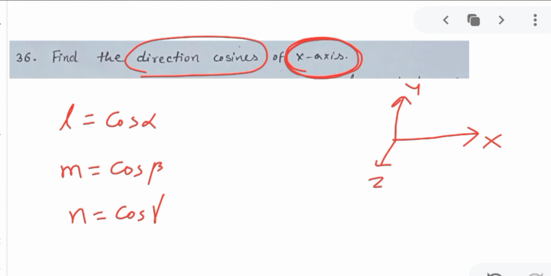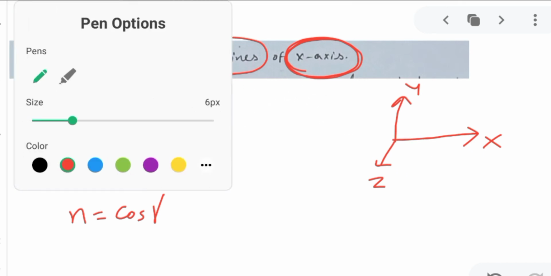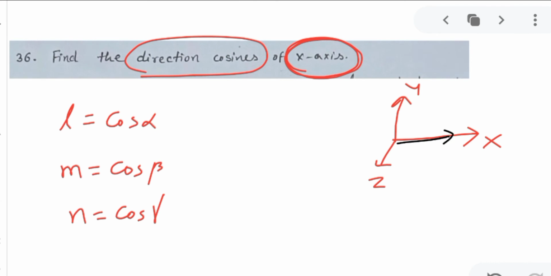So direction cosine of the x-axis means alpha will be the angle with the x-axis. The angle of the x-axis with the x-axis will be 0. Correct? Because x-axis and x-axis, so the angle will be 0. So alpha value will be 0, so cos 0 degree, and the line is in the direction of the x-axis. The angle between the x-axis and y-axis will obviously be 90 degrees.